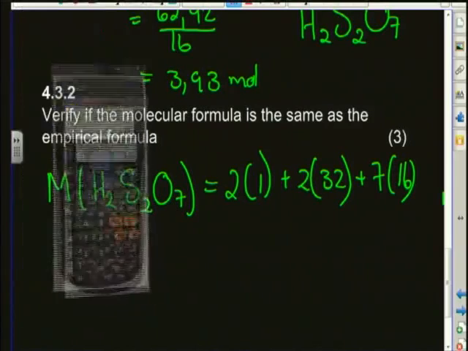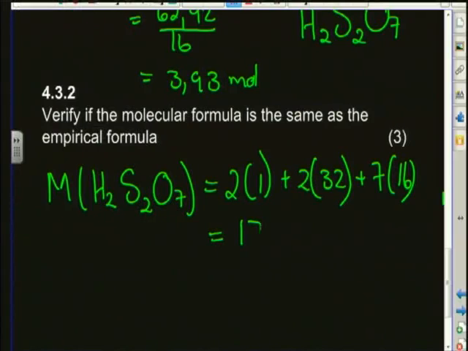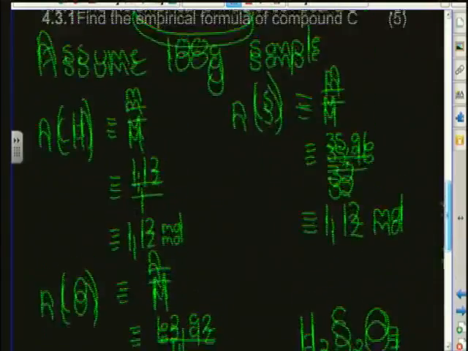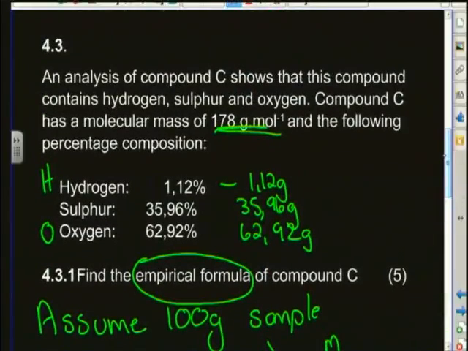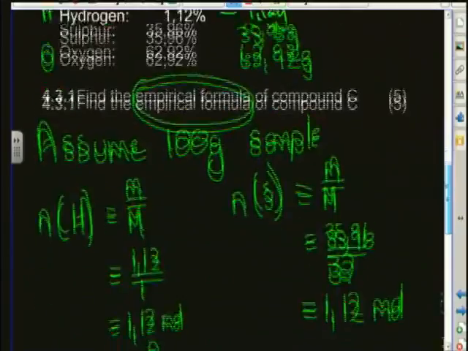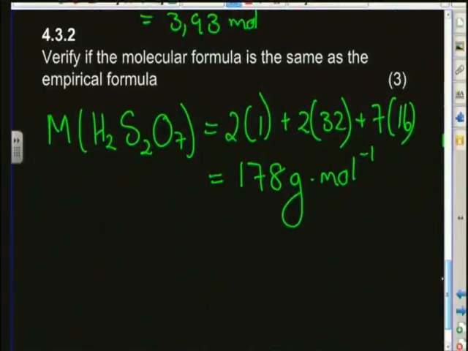That's 178 grams per mole. So what? Who cares? Well, they said to me that the molecular mass is 178 grams per mole. In other words, if I take the molecular formula, I should get 178 grams per mole. And look at that, I've got 178 grams per mole for the empirical formula.